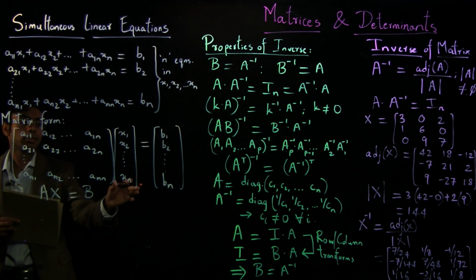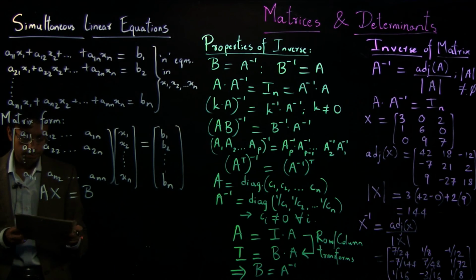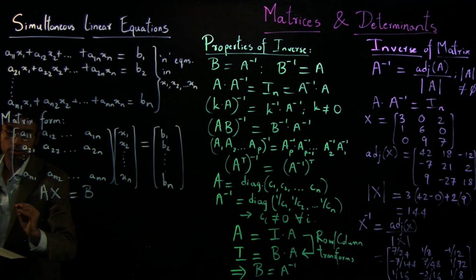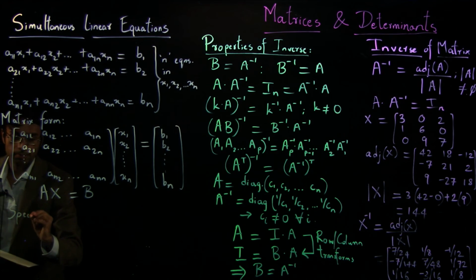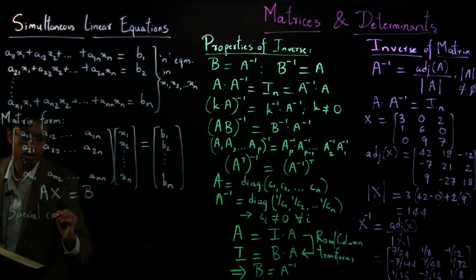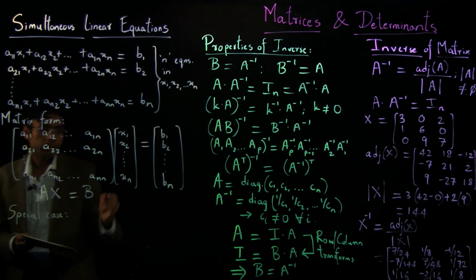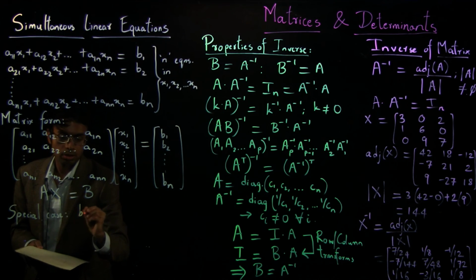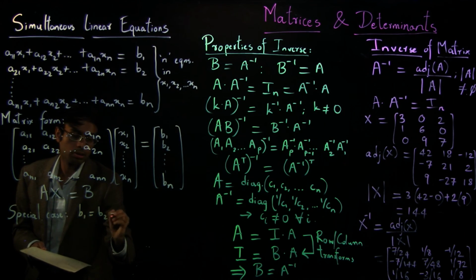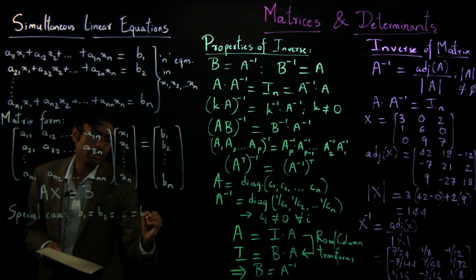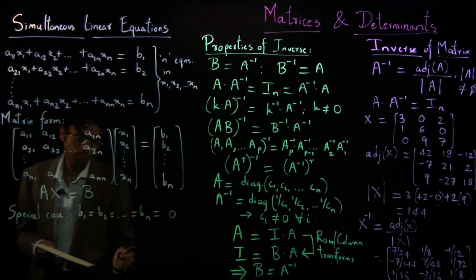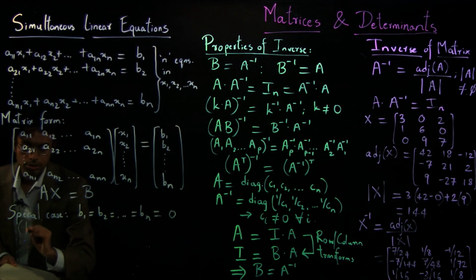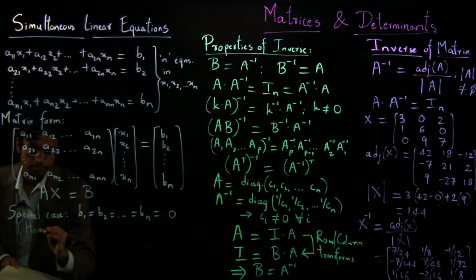Now, before we look into how to solve this system of equations, there are two types to consider. One is the special case where each and every element of the right hand side is 0, so b1 equals b2 all the way through bn equals 0. Then it is called a homogeneous set of equations.